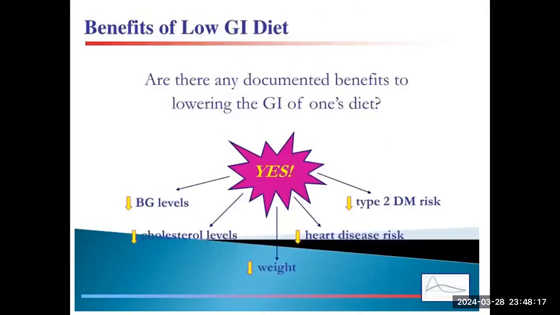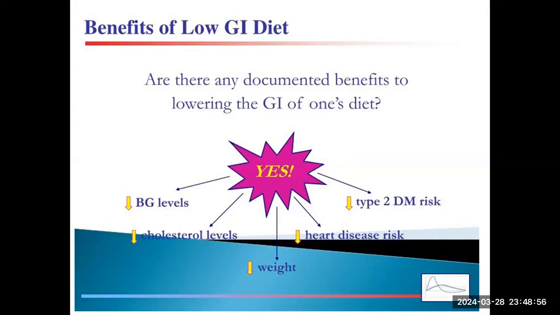Benefits of a low glycemic index diet. What are the benefits? Are there any documented benefits to lowering the GI of one's diet? Yes. The benefits of a low GI diet: it decreases blood glucose level, decreases blood cholesterol levels, decreases weight, decreases heart disease risk, and decreases the risk of type 2 diabetes mellitus.